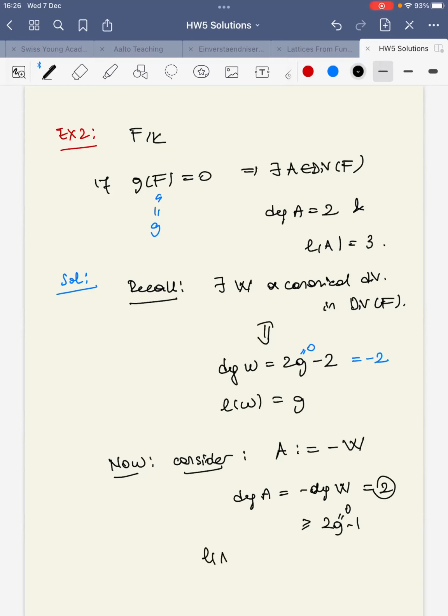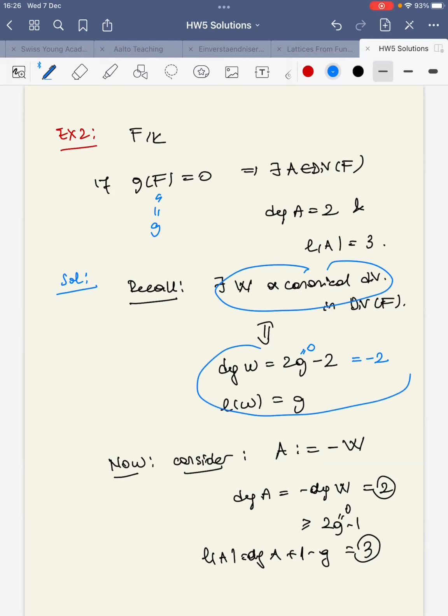So its dimension is exactly its degree plus 1 minus g, which is 3. So the tricky part was to consider the canonical divisor and its characterization in terms of the genus. This is why there always exists a divisor of degree 2 and its dimension is 3.